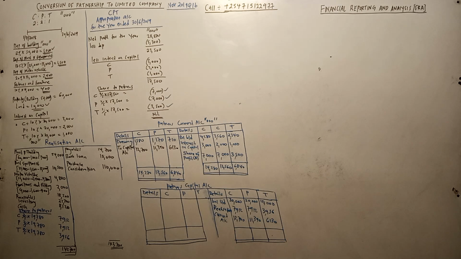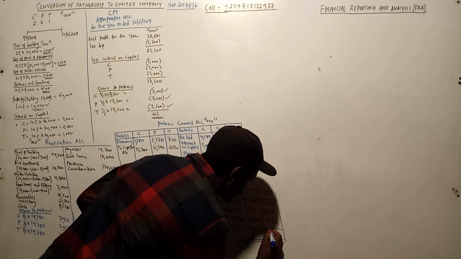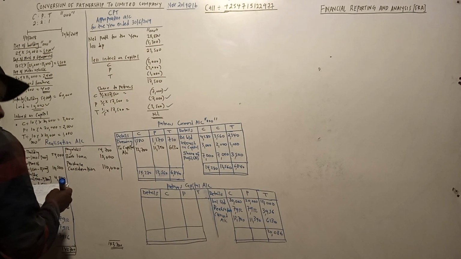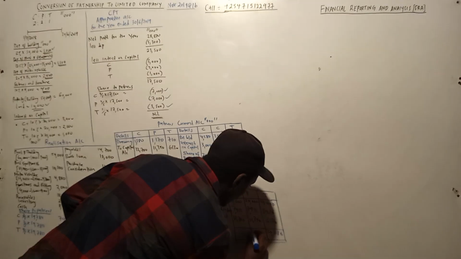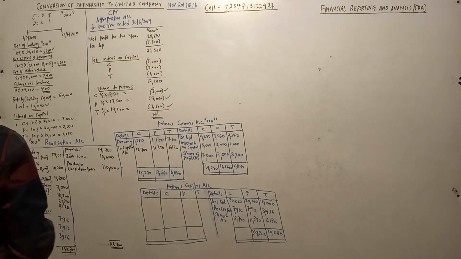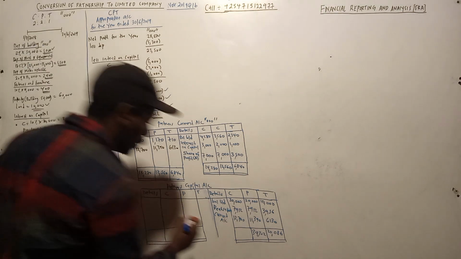Now we find the total. 10,000 plus 3,956 plus 6,130, we get 20,086. 20,000 plus 7,912 plus 11,390, we get 39,302. Then the last one, 30,000 plus 7,912 plus 12,700, we get 50,612.